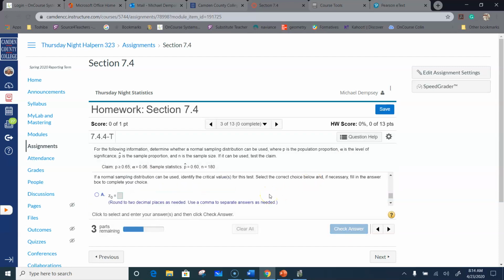Okay. So, the critical value for the z-test statistic. We want to see what value of z would be necessary for us to believe that p is actually less than 0.65.